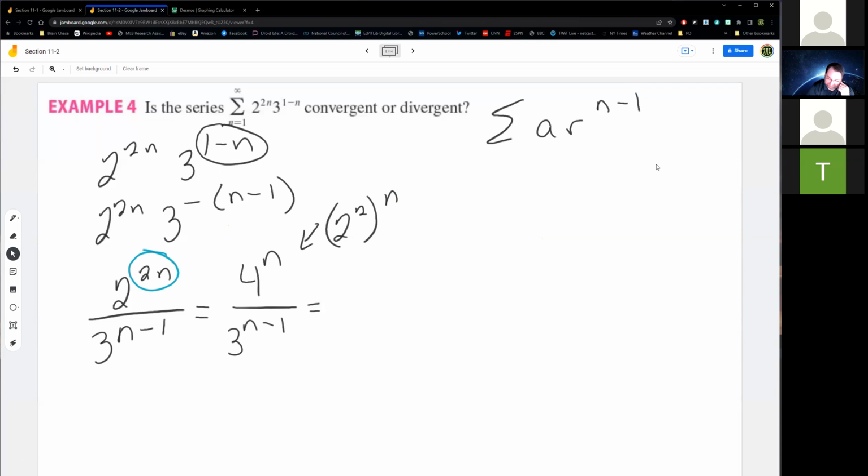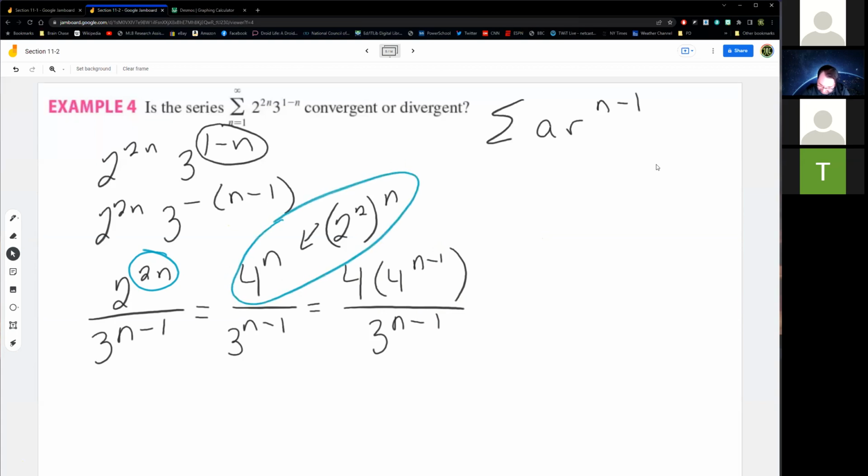All right. But I still got to get that to be n minus 1. So this is probably the hardest and most confusing part. Okay. So that's that.